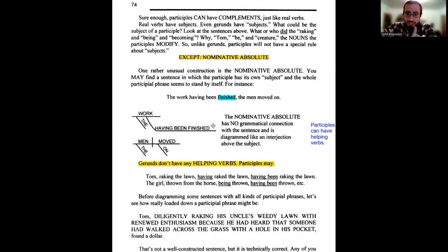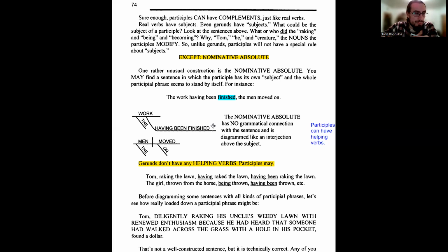Even gerunds have subjects. What could be the subject of a participle? Look at the sentence above. What or who did the raking? Right? Raking the lawn. And being and becoming. Tom, he, and creature, right? The nouns the participles modify. So unlike gerunds, participles will not have a special rule about subjects. So raking the lawn, Tom, right?